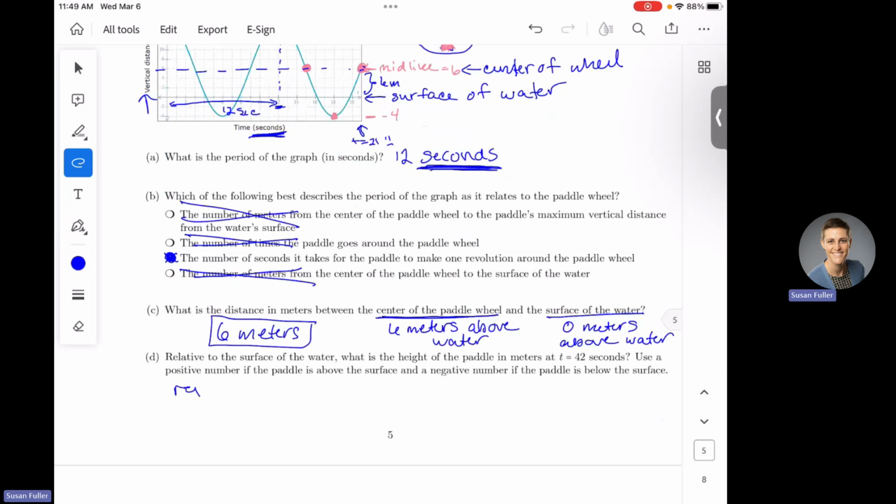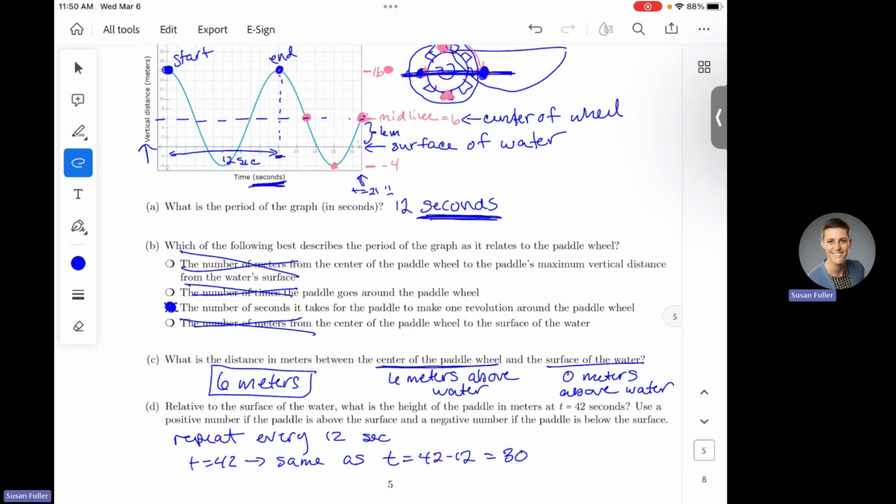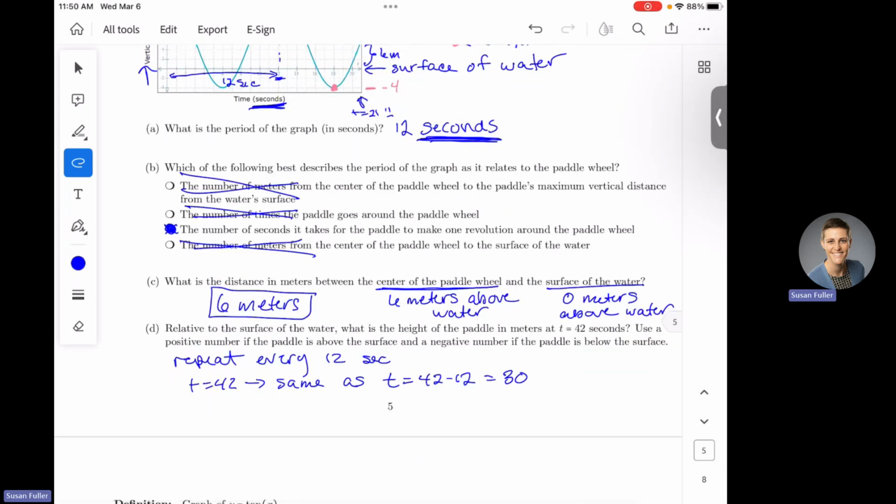So since we repeat every 12 seconds, then wherever we are at t equals 42, the position there is the same as it was at t equals 42 minus 12, 12 seconds before it. It was at the exact same spot. And so 42 minus 12, that's 30 seconds. That's still not on my graph. So I'm going to have to do it again. That position at t equals 42 seconds is the same as t equals 30 minus 12 seconds, right?